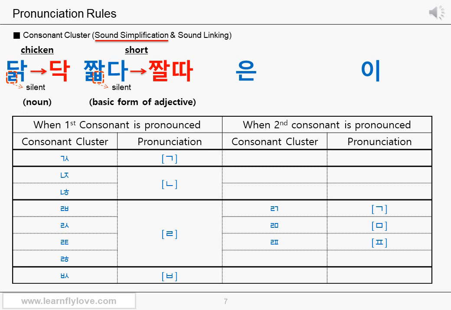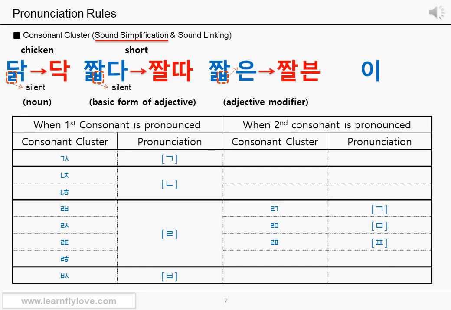So when the stem 짧 from the basic form 짧다 meets the ending 은, the first L consonant of the consonant cluster makes its sound with its own block, and the second B consonant moves up to the initial of the next block. So it becomes 짧은.